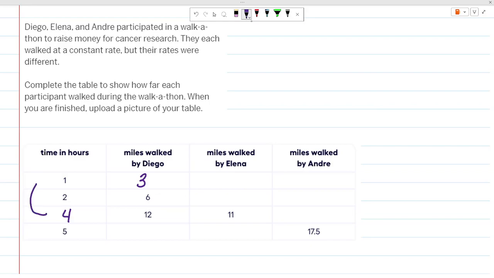Or you can take the unit rate route. Try to figure out how far Elena walked in 1 hour and use that to find the other information. If you take that route, you could say 11 divided by 4 gives me the unit rate. So whatever 11 divided by 4 is, you're going to write that number here.